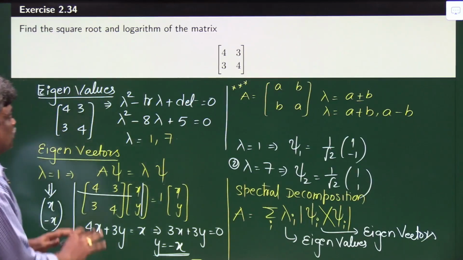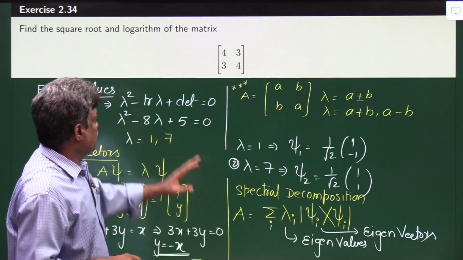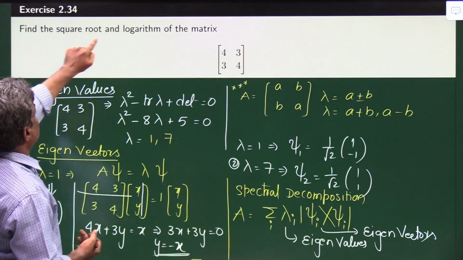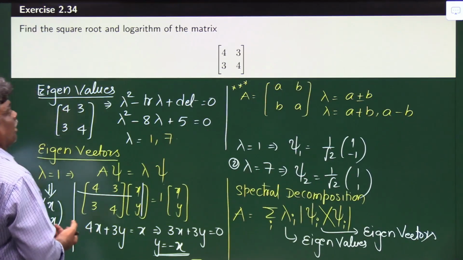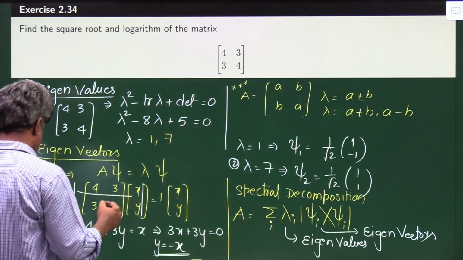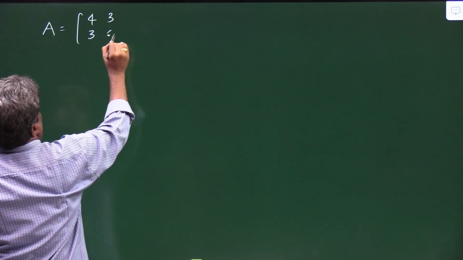Okay, so here first we got our eigenvalues and eigenvectors corresponding to the given matrix. Now how to write the square root of that matrix and a logarithm, let us discuss. So one more time I am taking these things. Here I have matrix A, which is 4 3 3 4.